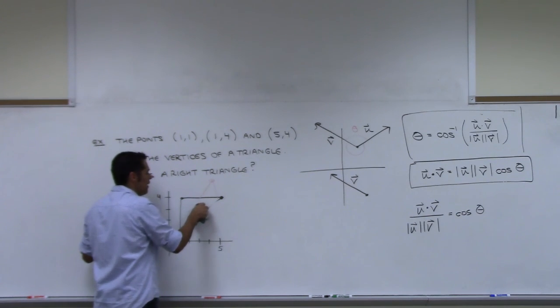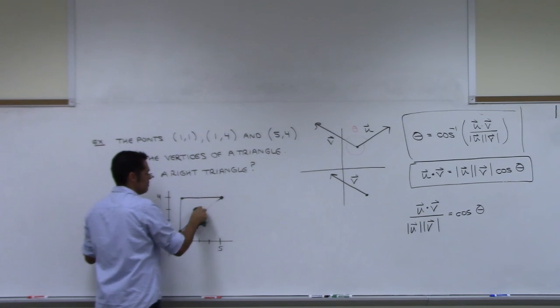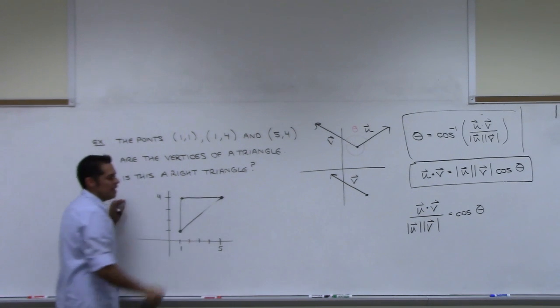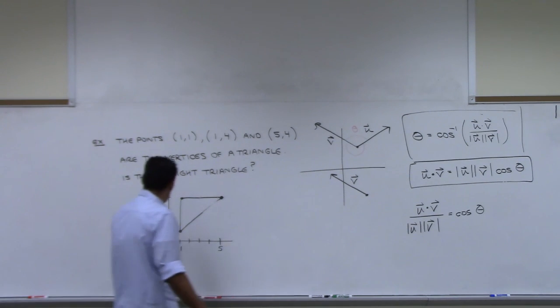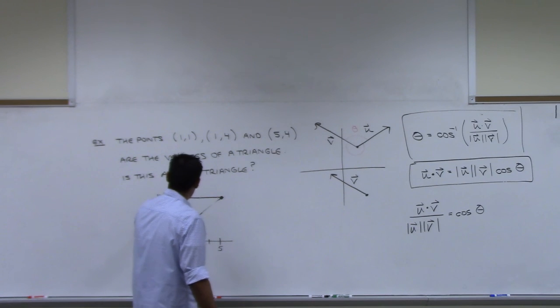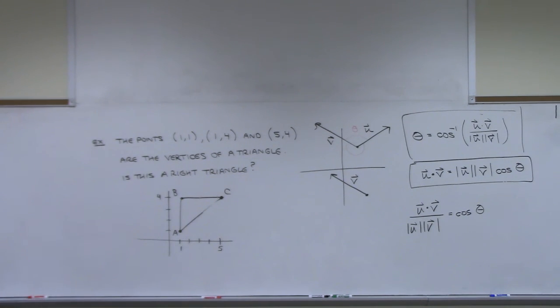Well, we have a way of finding angles between vectors, don't we? Yes? What we don't have right now are vectors. We have points, don't we? So let's call this vertex A, let's call that vertex B and vertex C. We need to create vectors now.